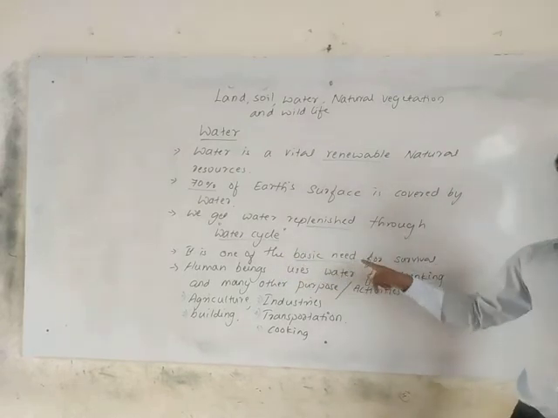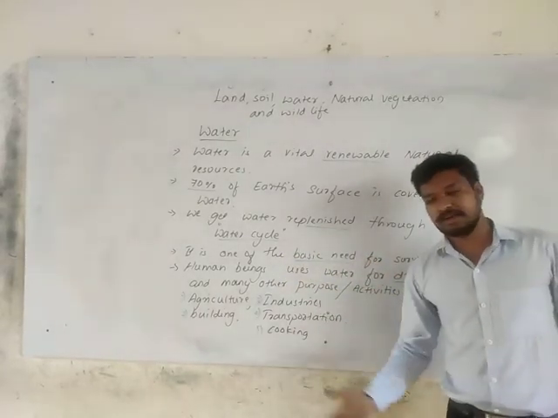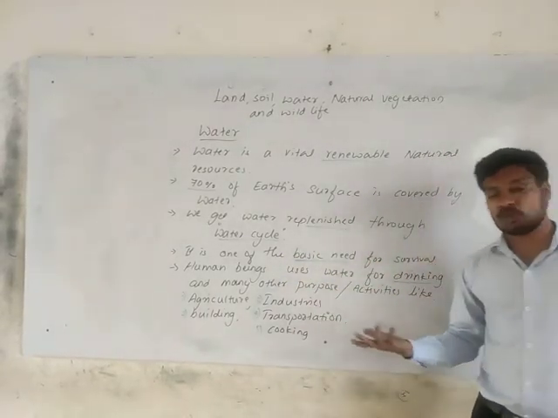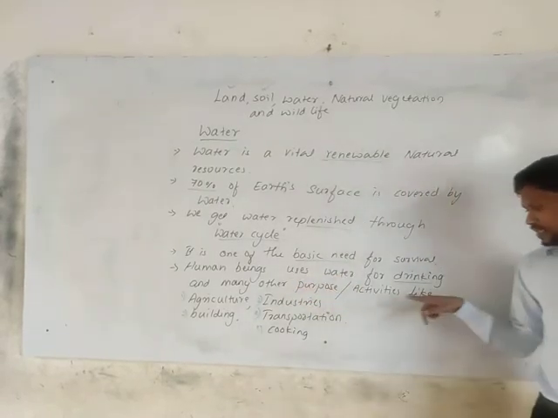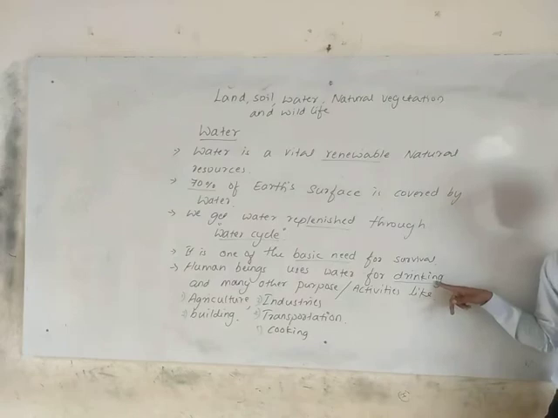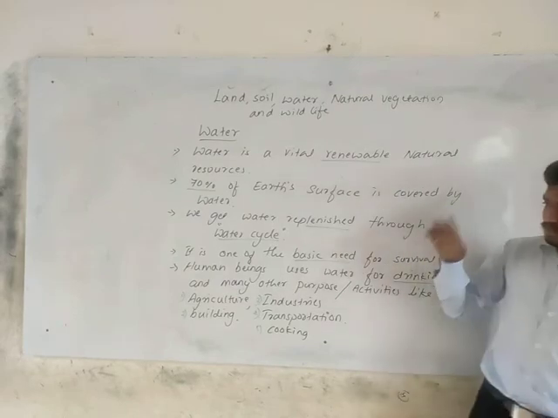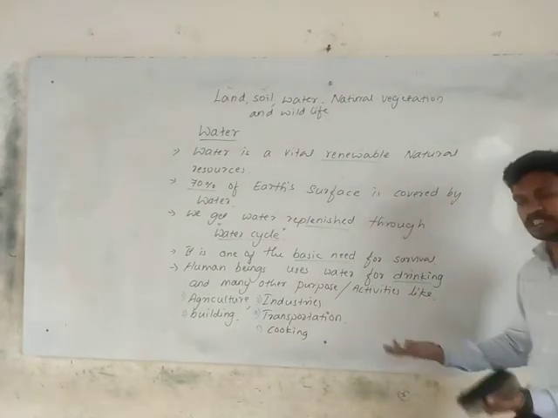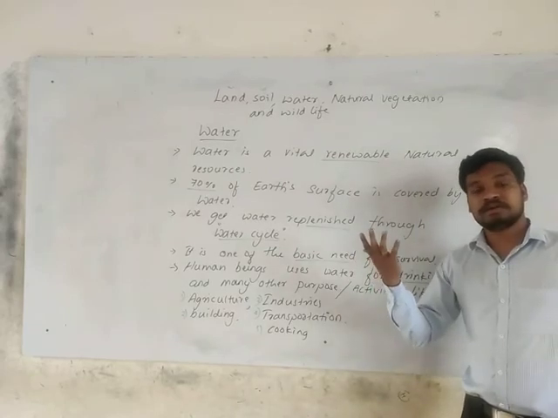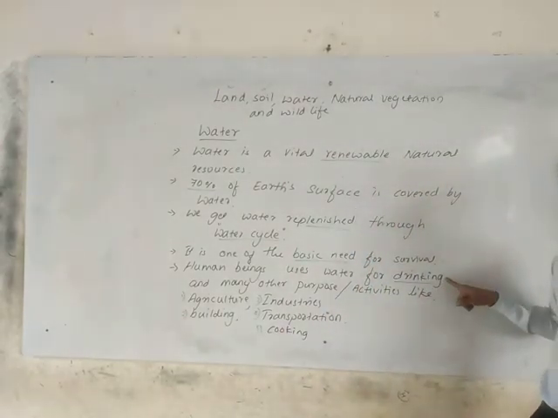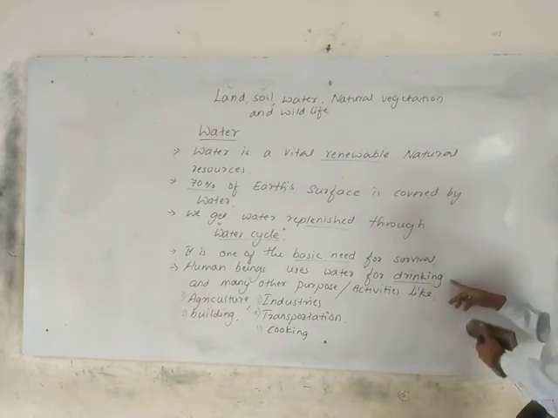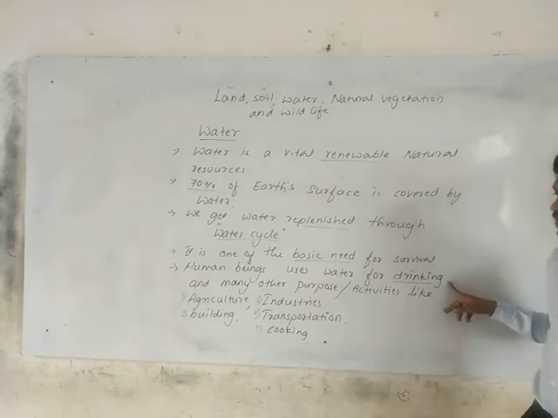Water is one of the basic needs. There are many basic needs like land, air, sunlight and water. We use water not only for drinking. From when life existed on the surface, living organisms started to use water for drinking.